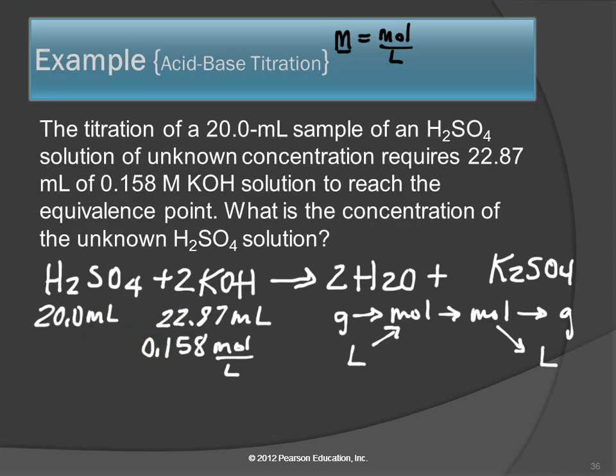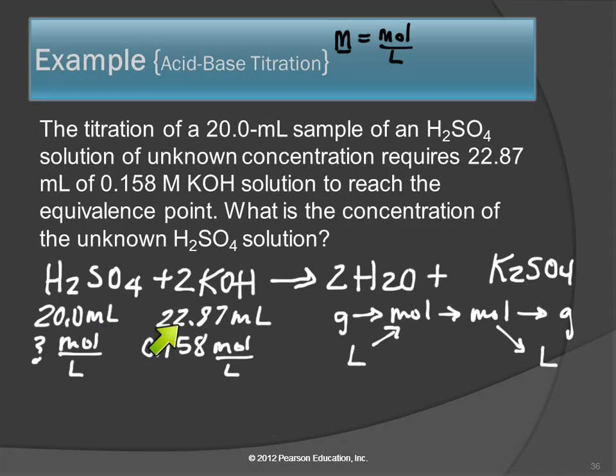But which of these compounds are we trying to learn something about? The H2SO4. We're trying to find question mark moles per liter. So do we want to start with that one? The thing we're trying to figure out about? Or should we start with this one and then calculate that one?